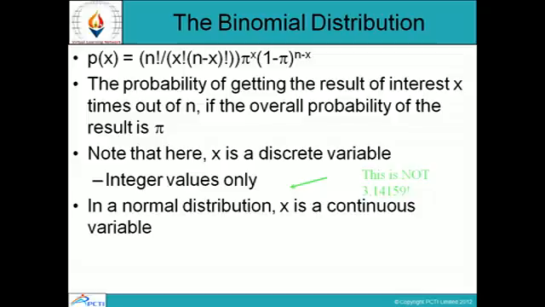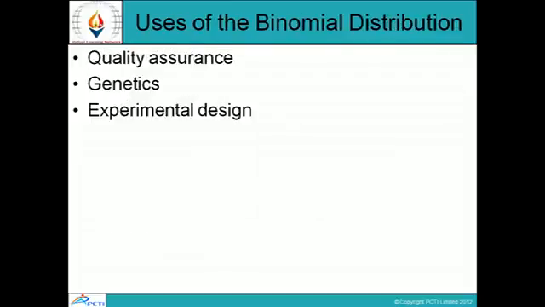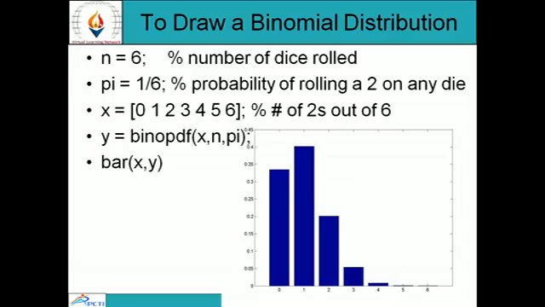In a normal distribution, x is a continuous variable. The binomial distribution is most commonly used for small samples. Usage of the binomial distribution: quality assurance, genetics and experimental designs. For these purposes, the binomial distribution is very useful to identify all kinds of future problems.